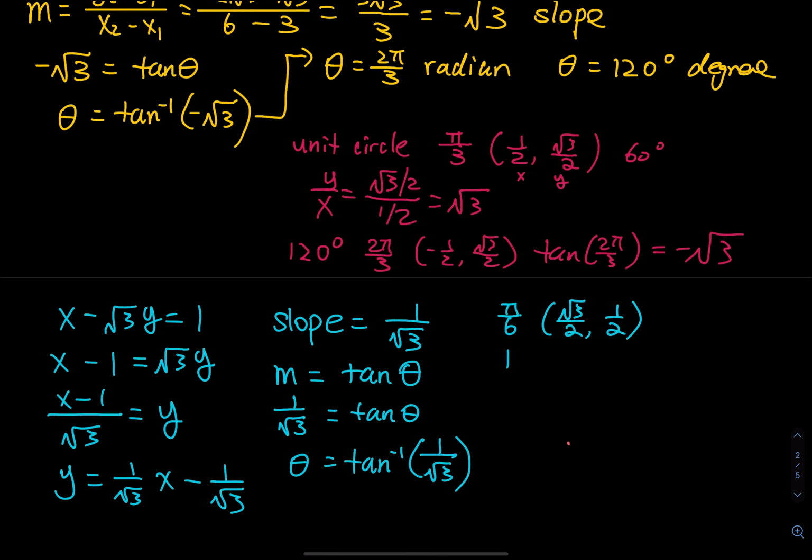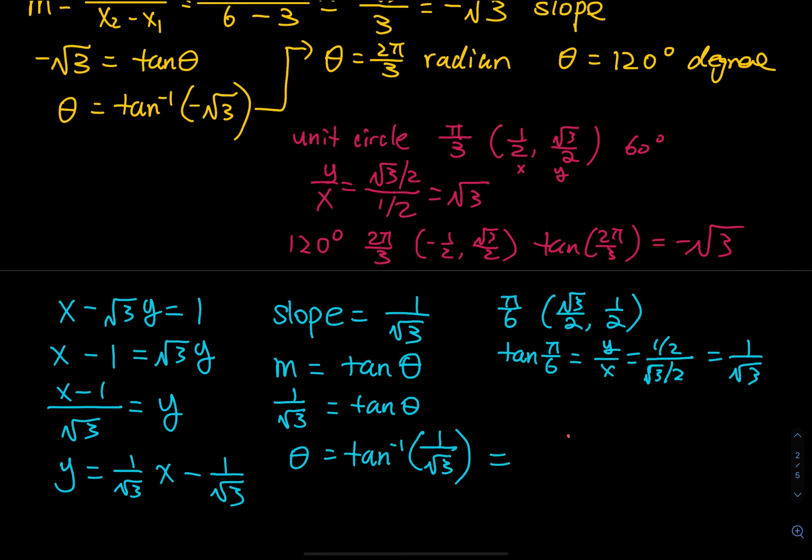So when you have a tangent of pi over 6, that is y divided by x, which is 1/2 divided by root 3 over 2. That gives you 1 over root 3. So the angle that we are looking for is pi over 6.